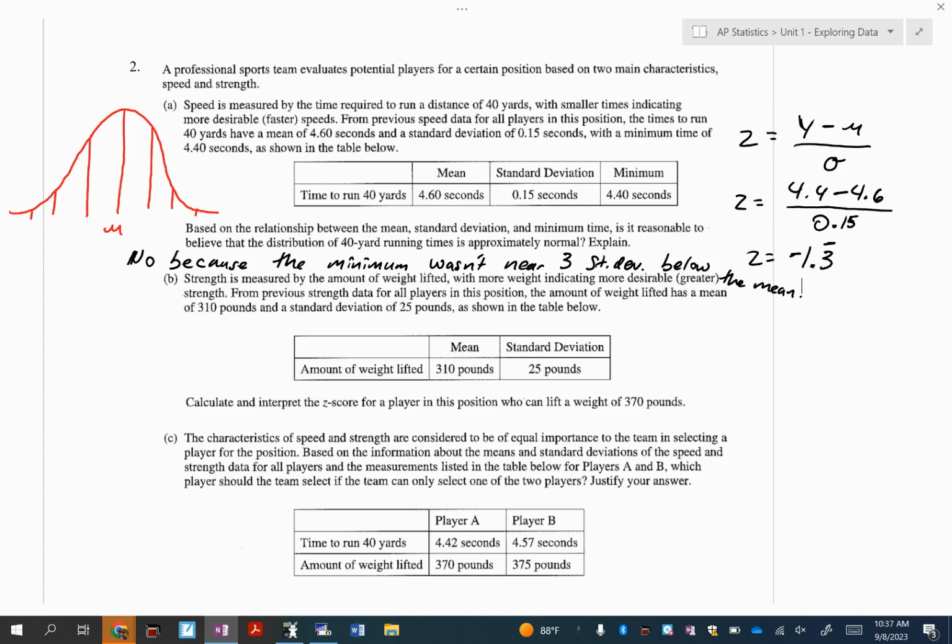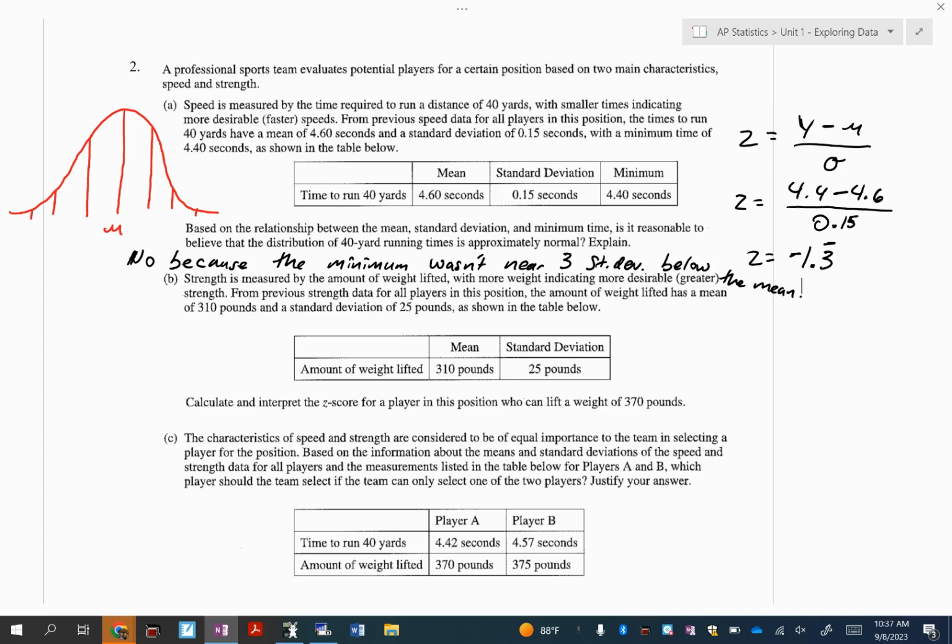When do you use the second bars? Not on this problem, right? It's like, how do we know when to use it? When it asks you to find, like if I had a problem that said, what is the likelihood, or the percentage of players who run a time greater than 4.7 seconds, then I would do that.